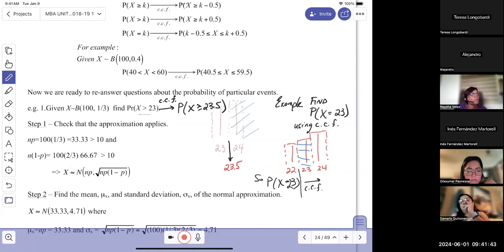I have to go here and here. In other words, 22.5, the x is between 22.5 and 23.5. And I make that an equals now.